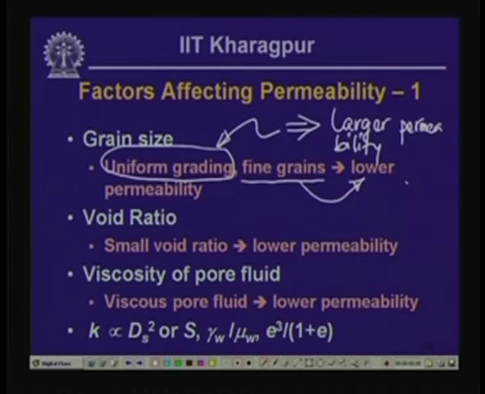It is going to be proportional to gamma W over mu W, and it is going to be proportional to e cubed over 1 plus e. So these are all experimentally observed parameters that are known to affect permeability.